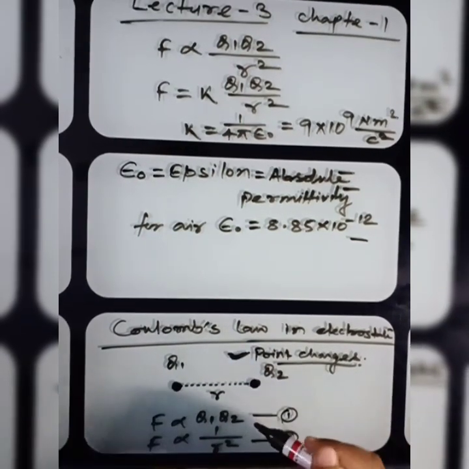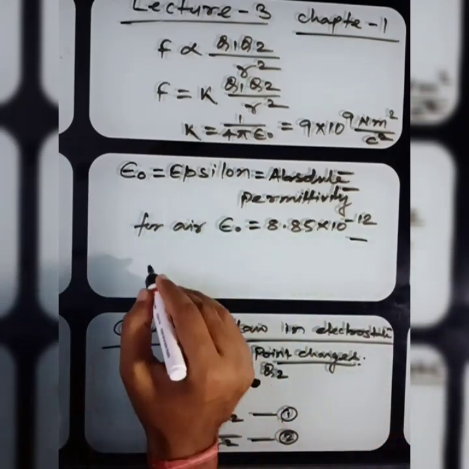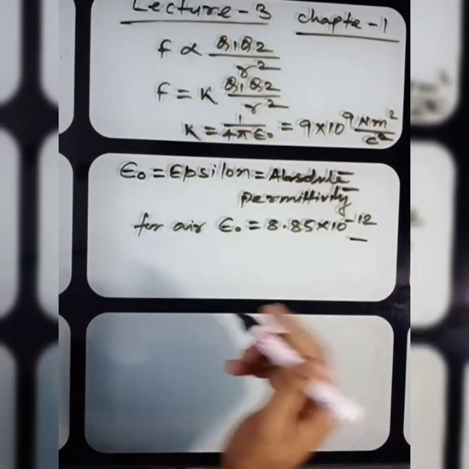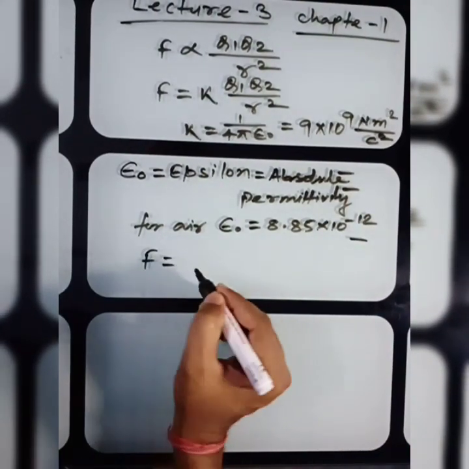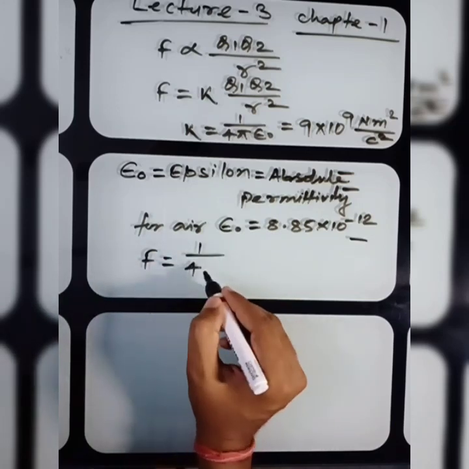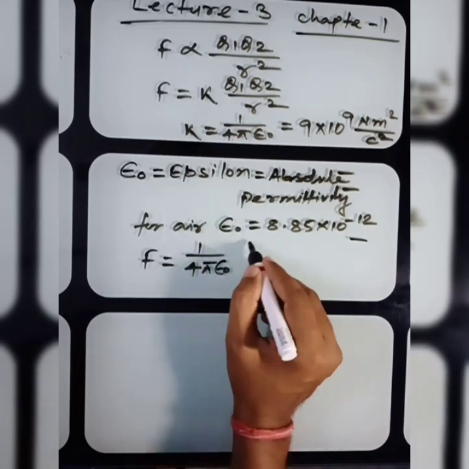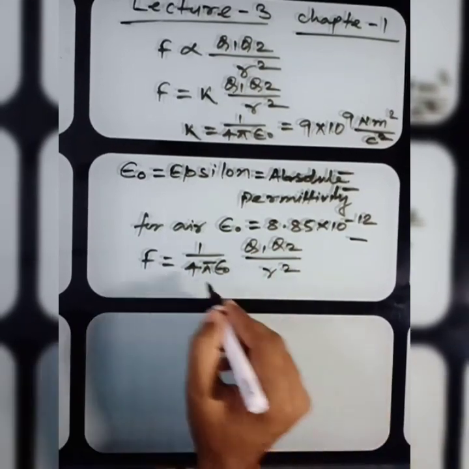How this force will change we'll discuss in detail. But here we have Coulomb's law and finally a formula for the calculation of force. It is 1 by 4 pi epsilon naught times q1 q2 over r square.